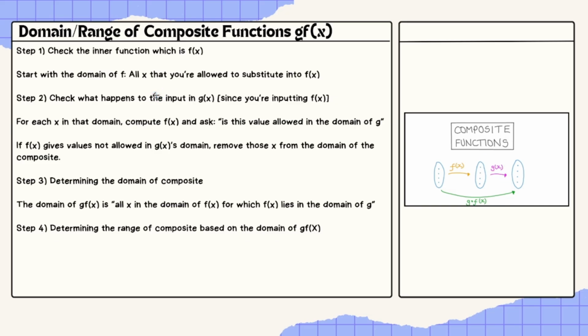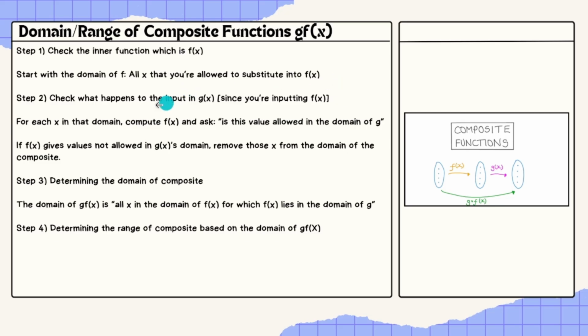For finding the domain and range, first of all you check the inner function, which is f of x. You start with the domain of f. Your first restriction for x is that you have to follow the domain of f of x, so all x that you're allowed to substitute into f of x.